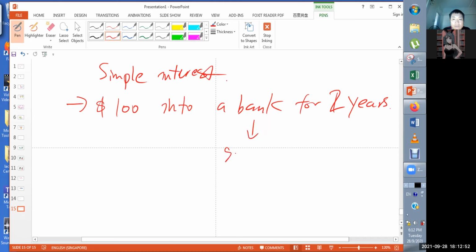The bank gives the depositor. Depositor is the person who put the money into the bank. So the bank will give depositors interest.